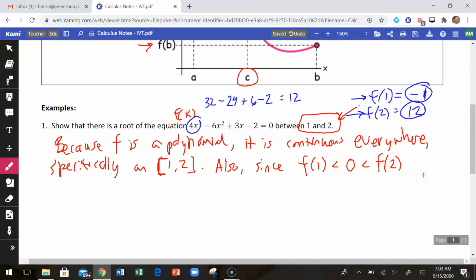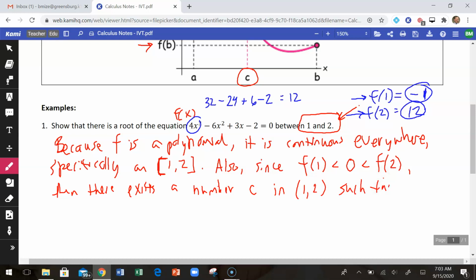So also, since that, then there exists a number c in the open interval from 1 to 2 such that f of c is equal to 0.